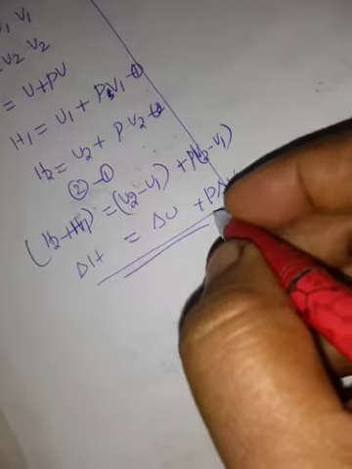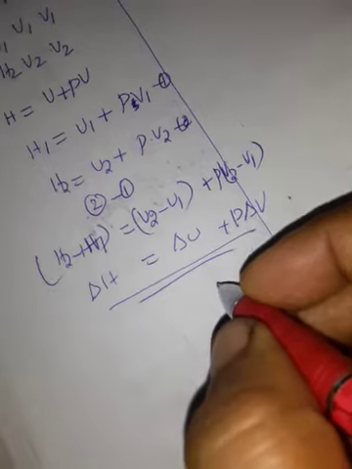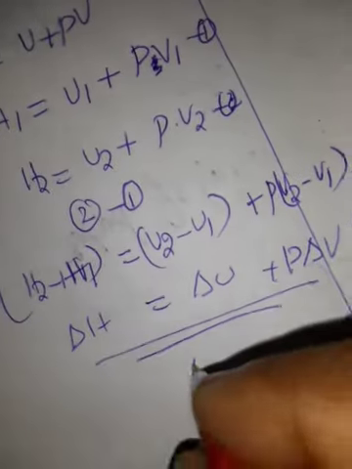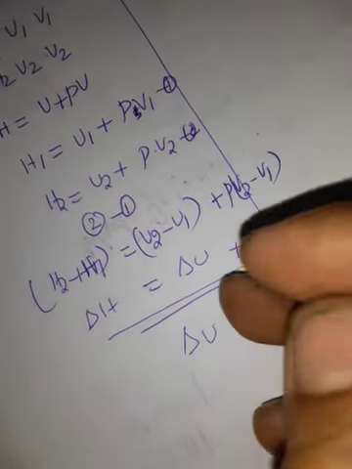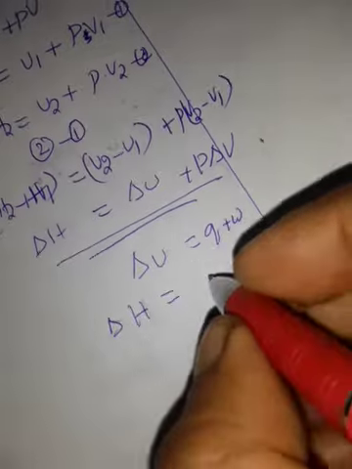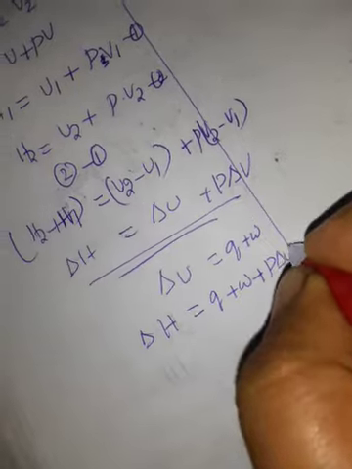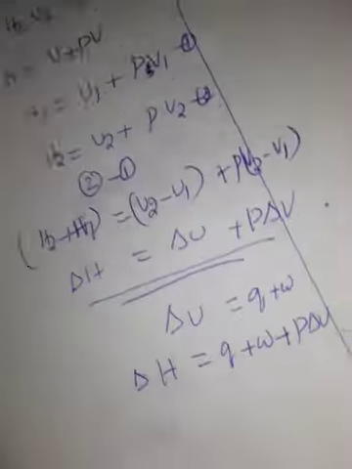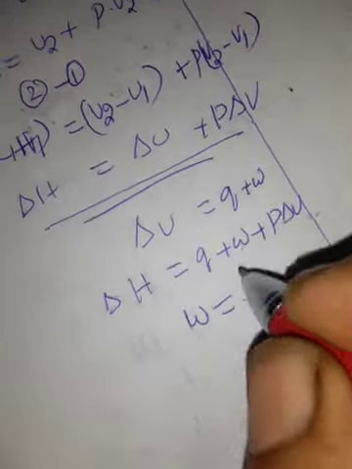Here, as per the first law of thermodynamics, del U value is Q plus W. Substitute this value here. So del H is equal to Q plus W plus P delta V. W value is minus P delta V. Substitute here.